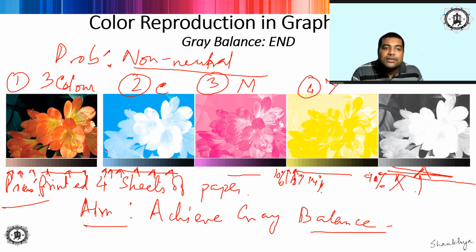And as I told you earlier also, when we increase the dot percentage, naturally the density also increases because the area coverage increases, ink film thickness increases. Because of all these factors, definitely when we increase the dot percentage of a particular color patch, then definitely the density increases. That is how we create tonal gradation, right? I hope it is clear from the halftone classes that we had done earlier also.